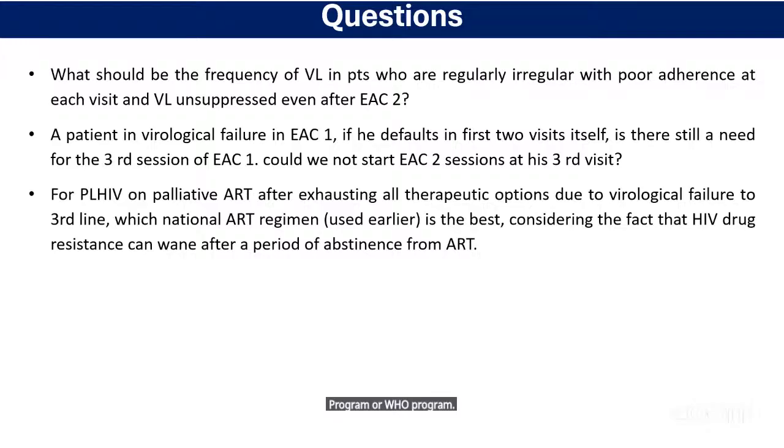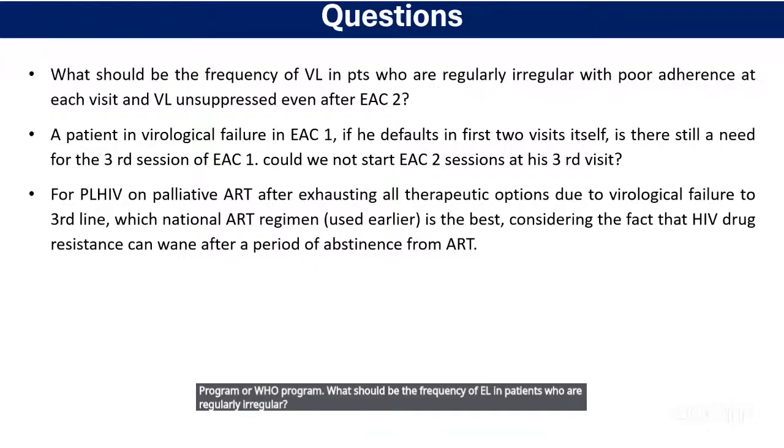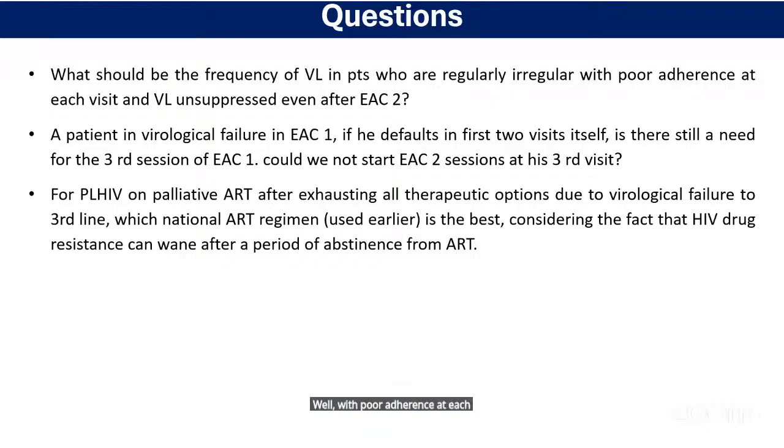What should be the frequency of VL in patients who are regularly irregular with poor adherence at each visit, and VL unsuppressed even after ESC2? I think it should be done after 6 months as is there, and probably you need to try to win over the battle of non-adherence.